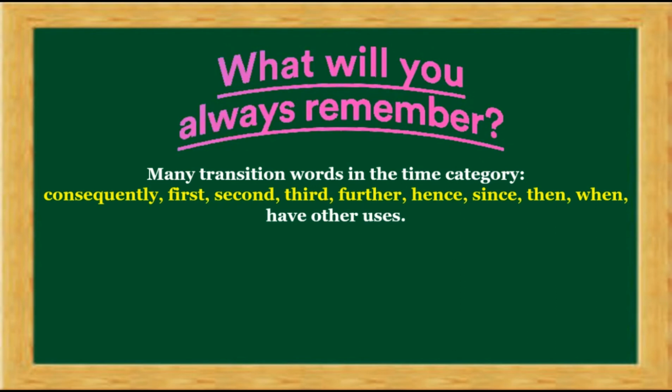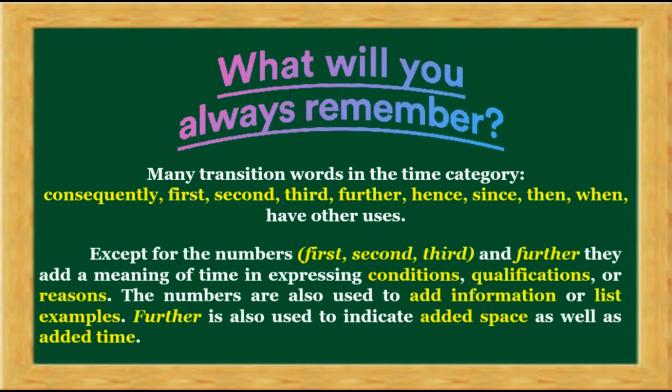Except for the numbers like first, second, third, and further, they add a meaning of time in expressing conditions, qualifications, or reasons. The numbers are also used to add information or list examples. Further is also used to indicate added space as well as added time.